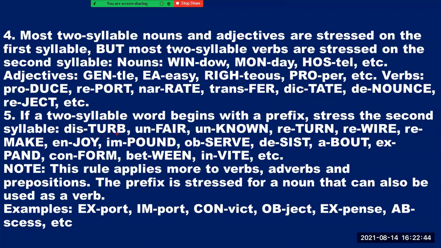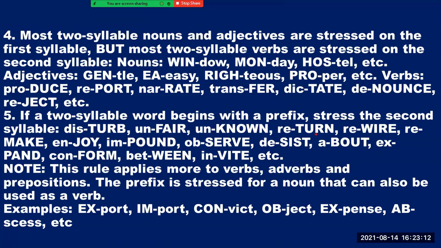And so when you have unfair, un is a prefix. If you remove un, what you have is fair. But when you put this prefix, you make it opposite or negative. Fair is something positive. You put un, it becomes negative. The same thing, unknown, return.